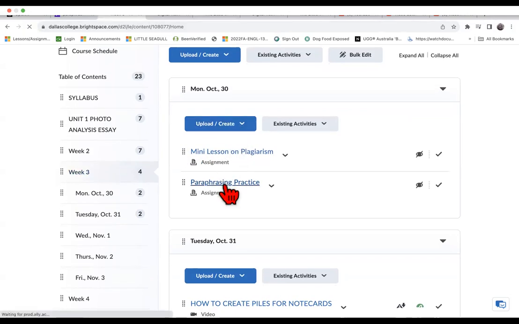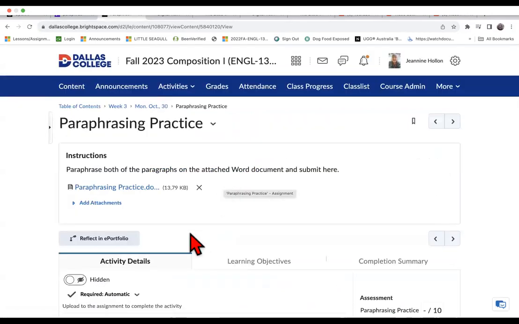And this you will do. You will click on this, and it'll open this up.